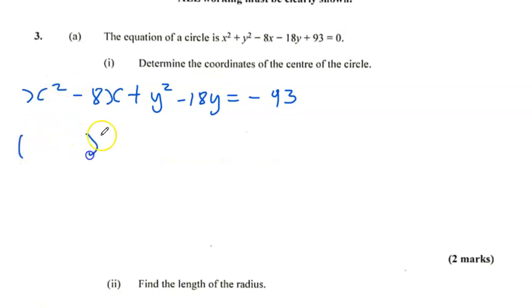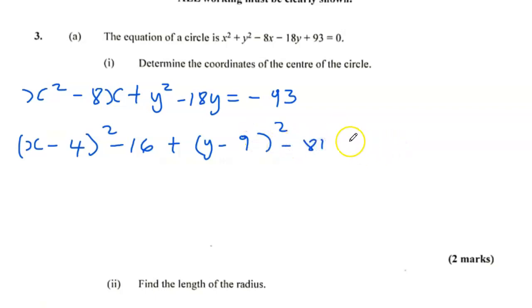So x minus half of the 8 there, that's 4, and you square the constant here, 16, so minus 16, plus y, half of the 18 there, that's 9, 9 squared is 81, so we subtract that 81 there, equal minus 93.